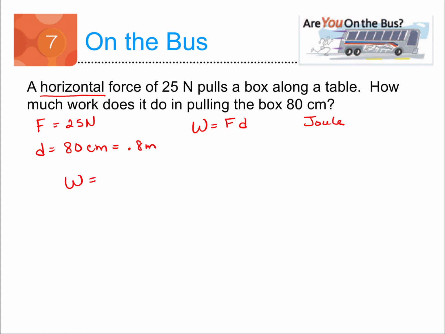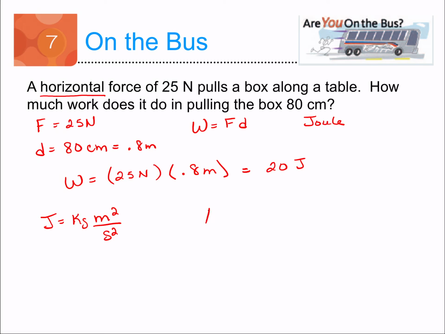So our work is going to be our force, 25 newtons, times our distance, 0.8 meters. So our work will equal 20 joules. Now you might remember that we said a joule was equal to a kilogram meter squared per second squared. And now in this equation we have a joule being a newton times a meter.